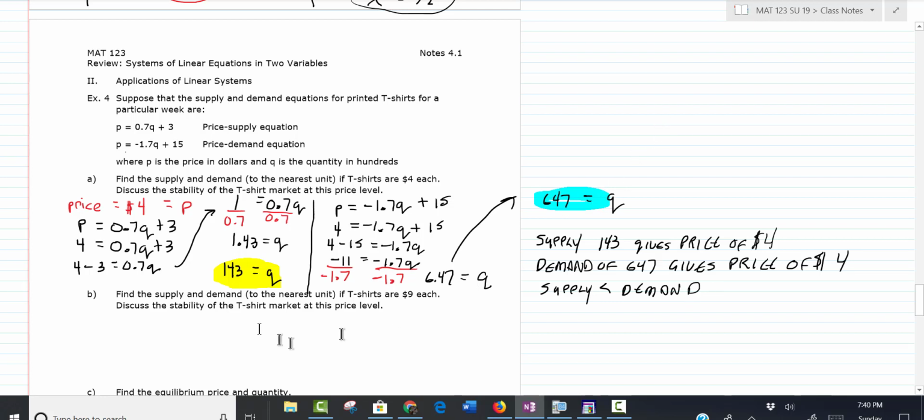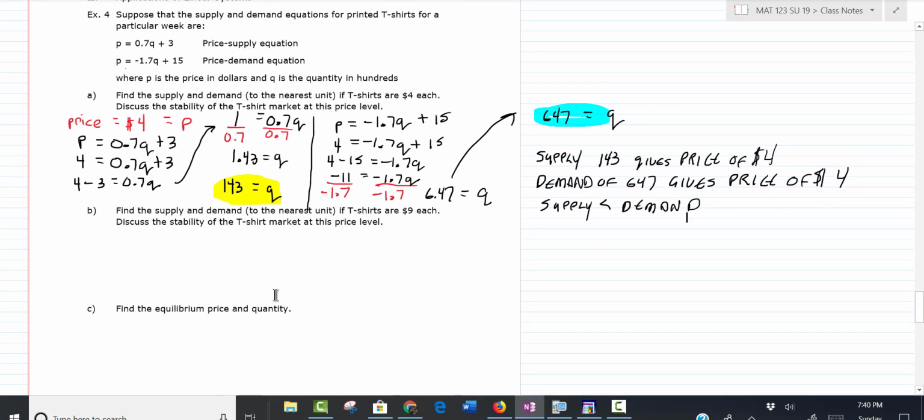Okay, now I'll go to the next one. We're going to say find the supply and demand if the t-shirts are $9 each. Now I'm going to have you all do this. It's the same thing I just did. So go ahead and just write down the two equations. We have P is 0.7 Q plus 3. That's your supply equation.